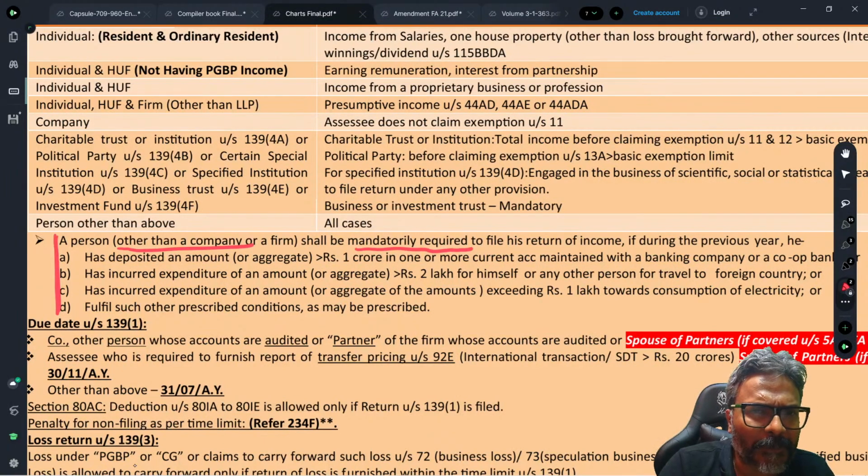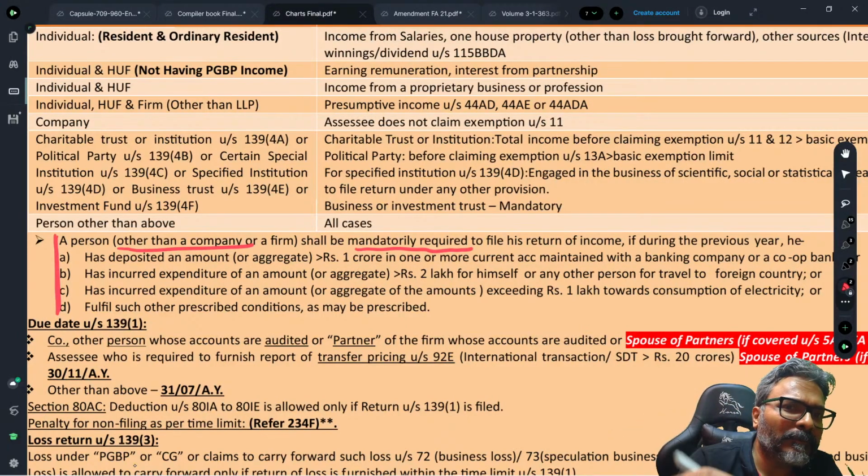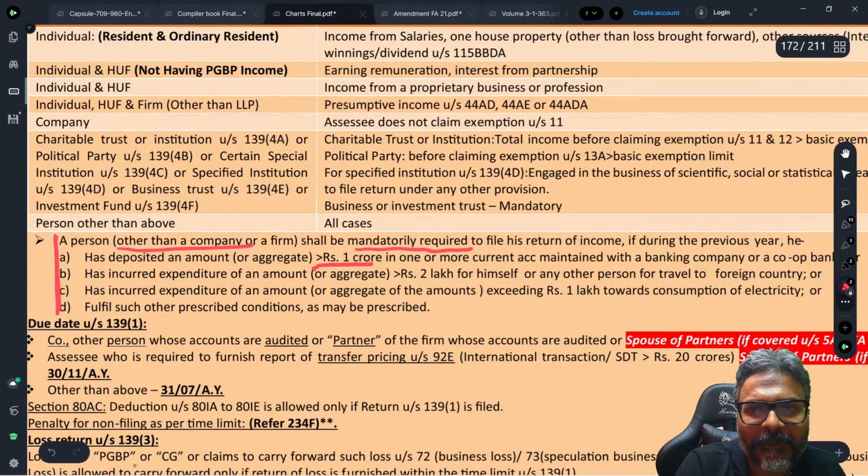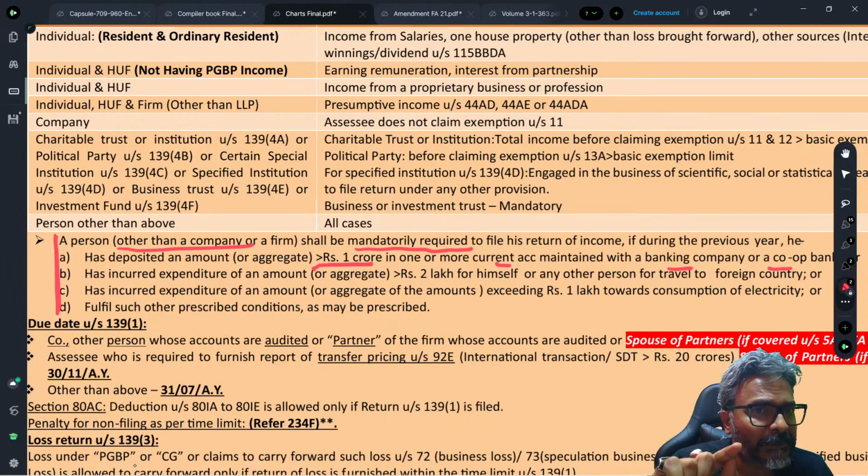Now let's look at this angle, students. Supposedly, they have made a deposit of an amount, or the aggregate of the amount, of more than rupees 1 crore in one or more current accounts maintained with a banking company or a cooperative bank.